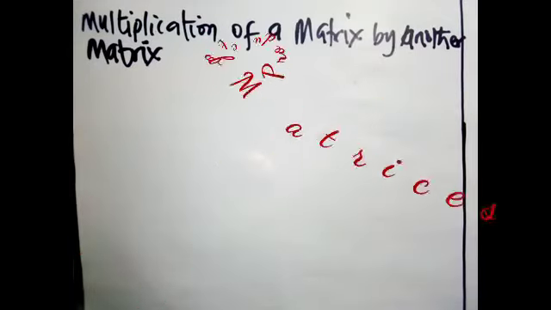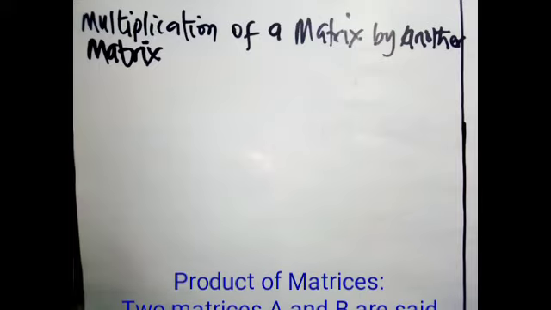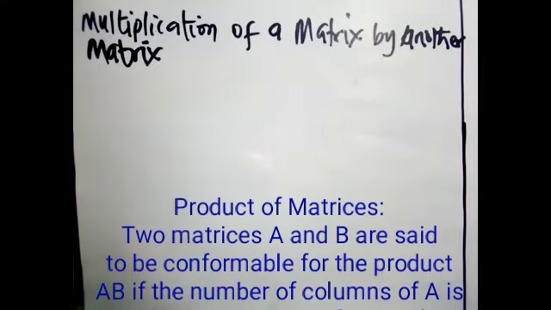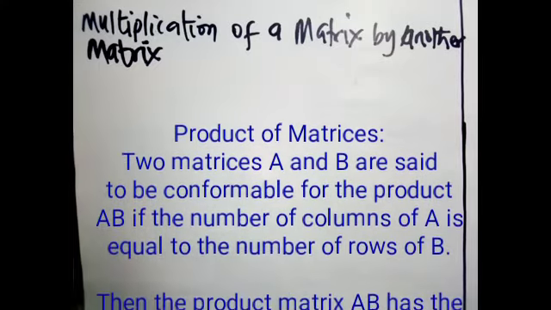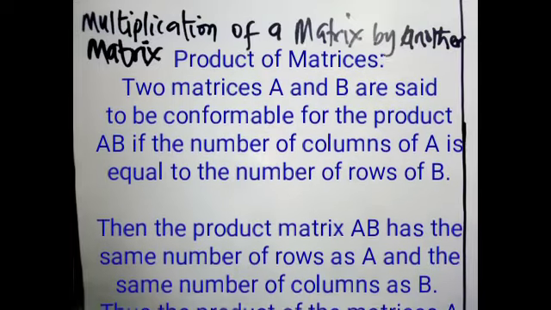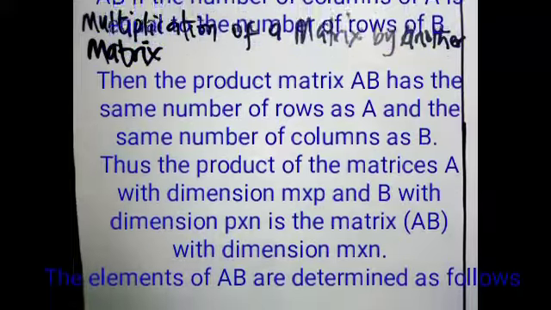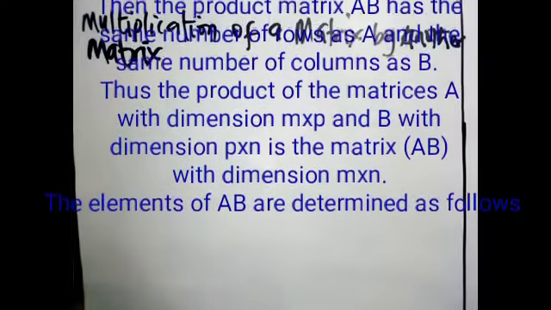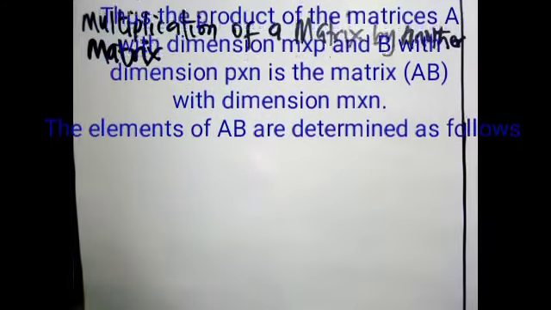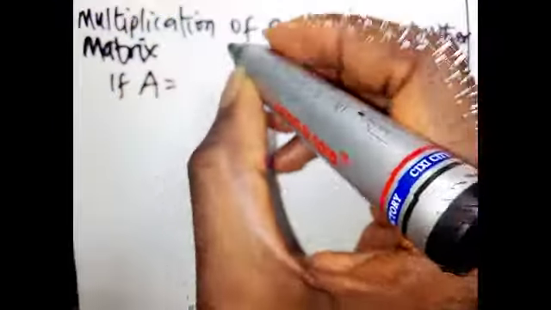Now, for two matrices A and B to be conformable for multiplication, the number of columns of the first matrix must be equal to the number of rows of the second matrix.